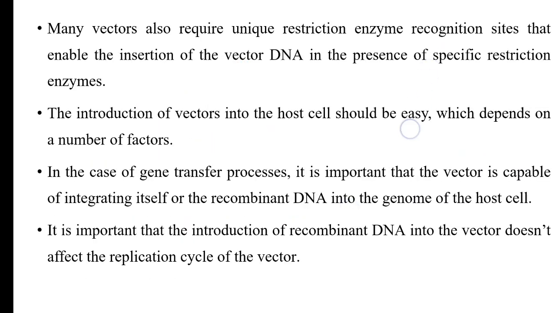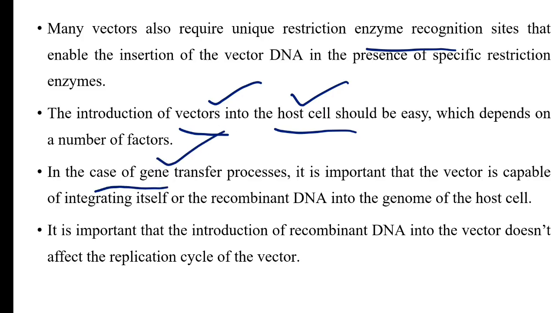Next, many vectors also require unique restriction enzyme recognition sites that enable the insertion of DNA in the presence of specific restriction enzymes. So they should have unique restriction enzyme recognition sites. Then introduction of the vector into the host cell should be easy.